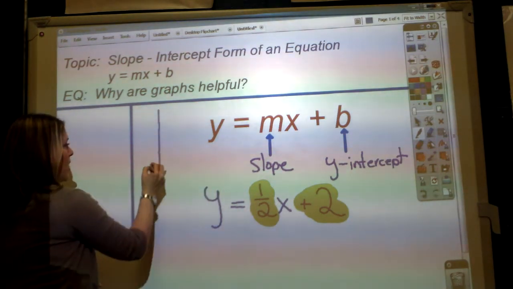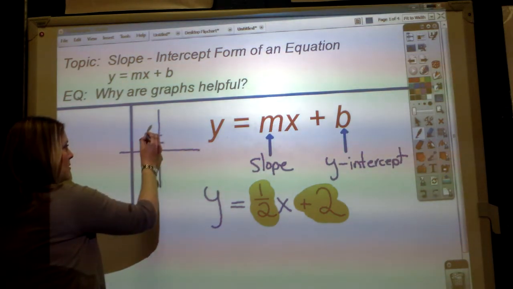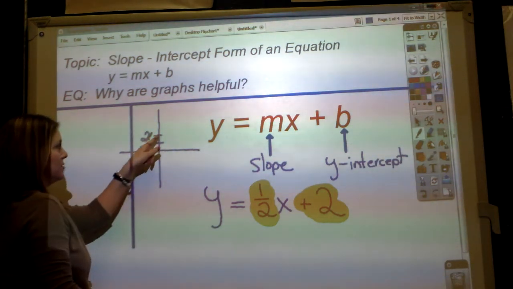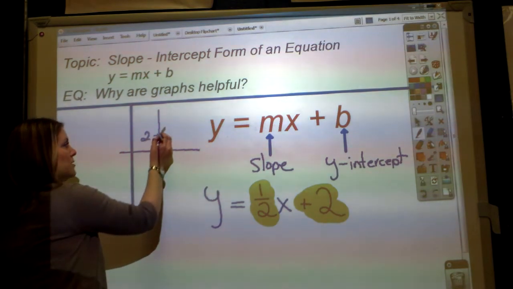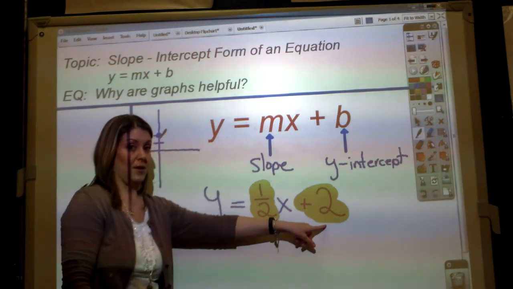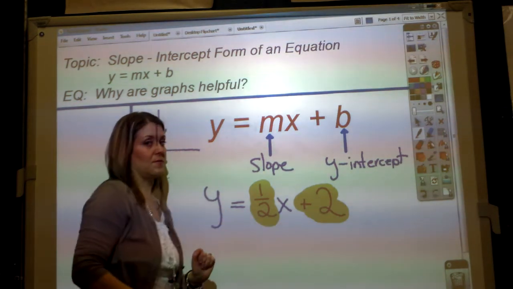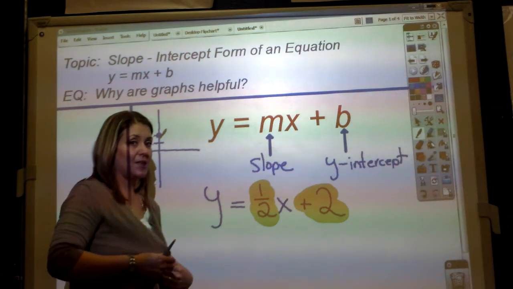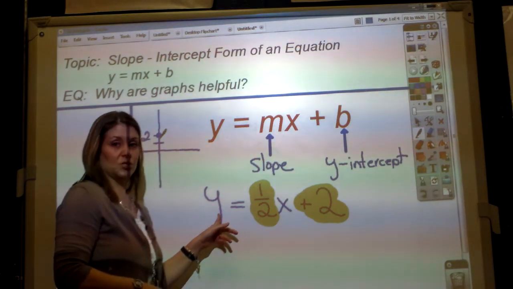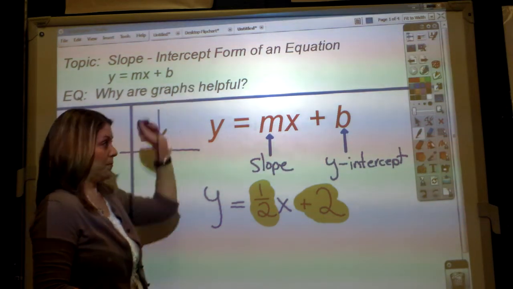If this were our y-axis and our x-axis, y is 2 right there. So our line will cross the y-axis at a positive 2 because that's the y-intercept. This equation gives you two pieces of information, but you can only get them if the equation is solved for y, meaning it's in slope-intercept form.